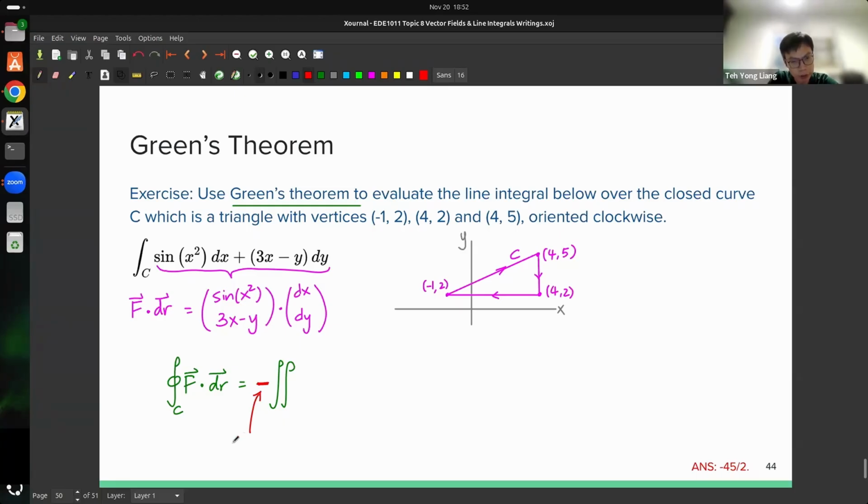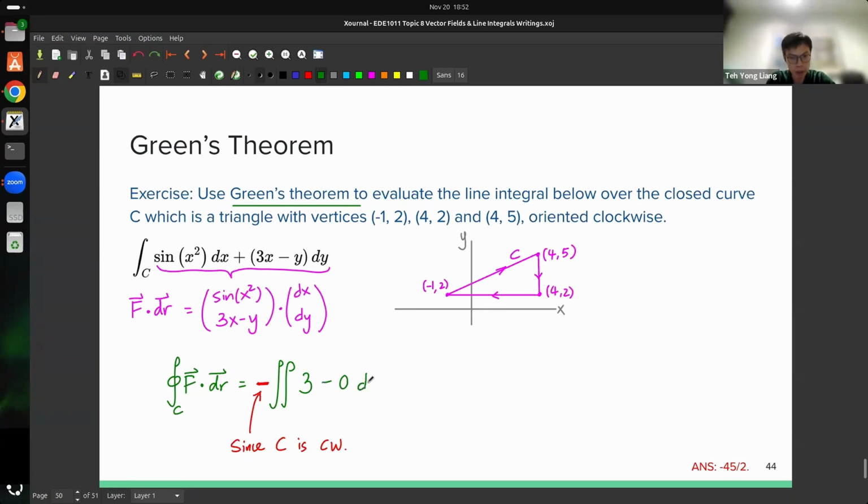So we can say since C is clockwise, you just throw a minus, and that will make C become counterclockwise. Now differentiate. You can see that F2 sub x is 3, then F1 sub y is 0.